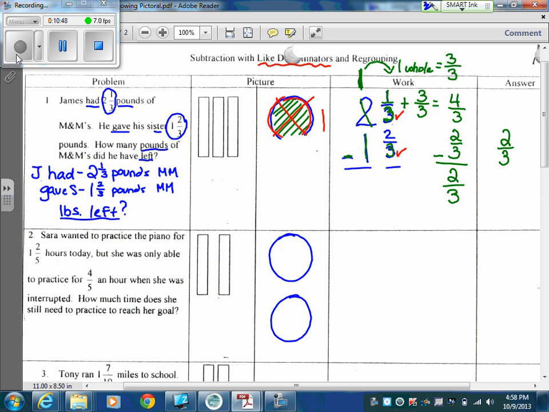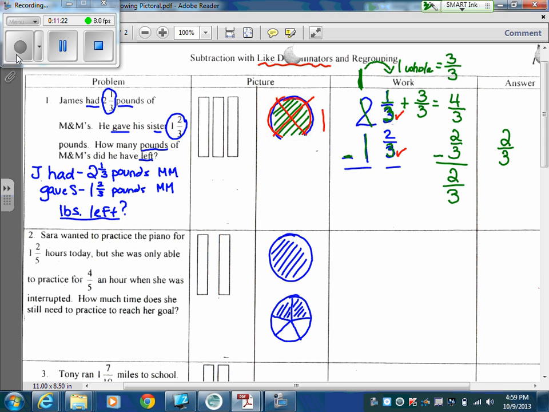Oh, that's not going to be easy. 1 2 3 4 5. Okay, that's the best we can do. We're going to pretend those are perfectly even. So I have 1 2/5. That just means that I have this one complete, and I have 2/5 of another one.